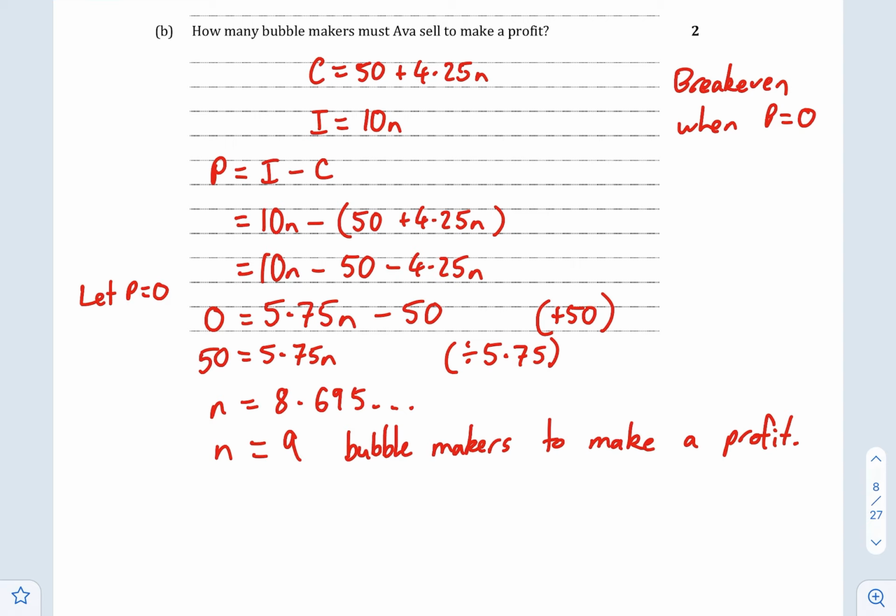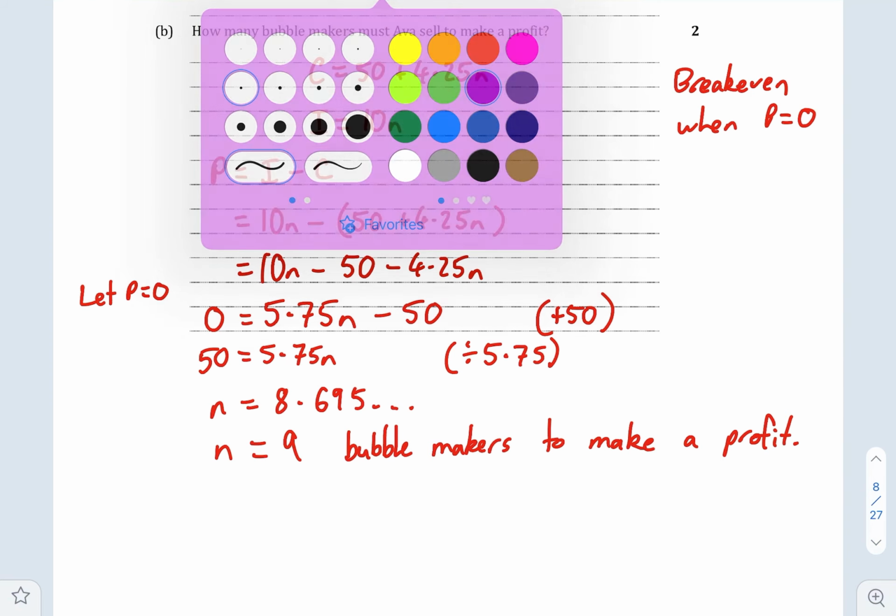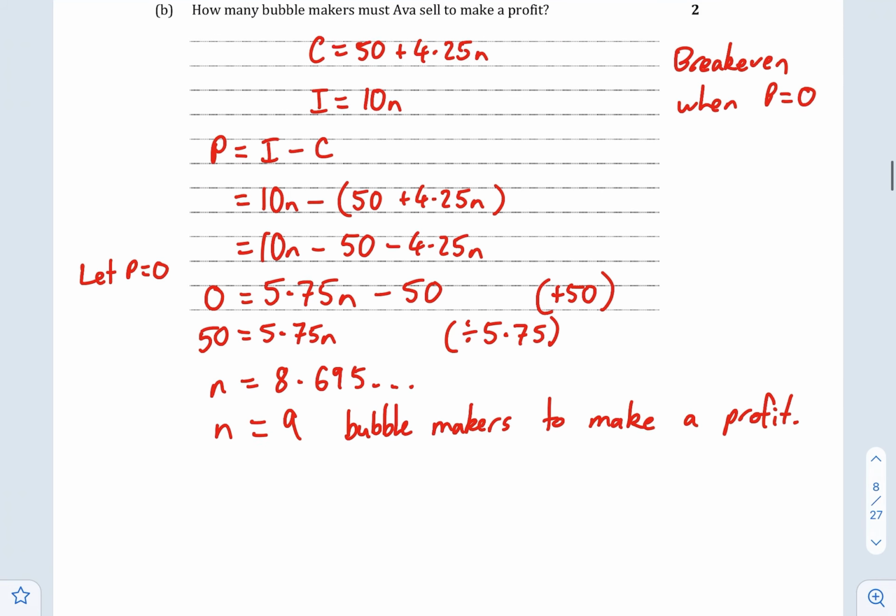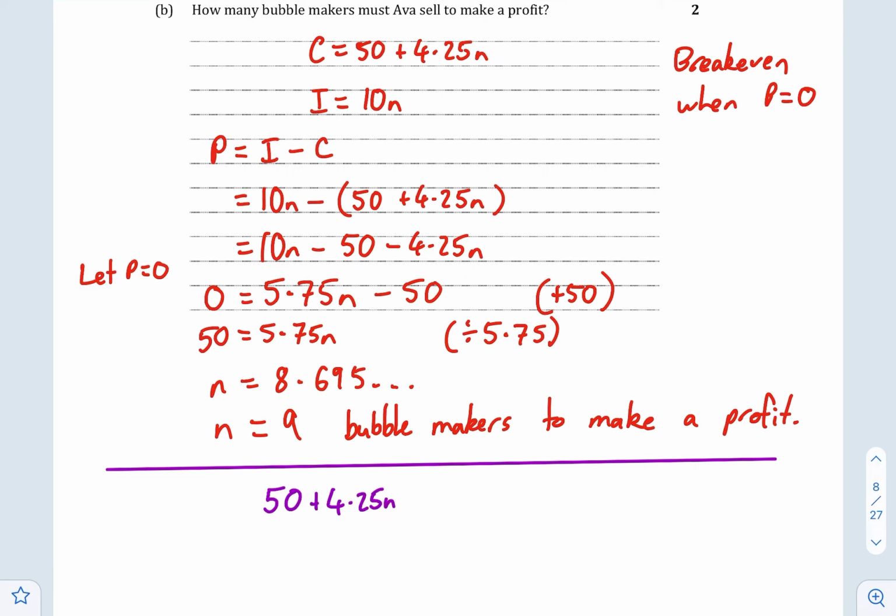Without going into complete detail, another way of answering this question is to consider, once again, the cost and the income and make them equal to each other. So I'm just going to make a line to say I'm doing it differently. If I did 50 plus 4.25n equal to 10n, that's when we get break even, and then we can solve in a similar way.